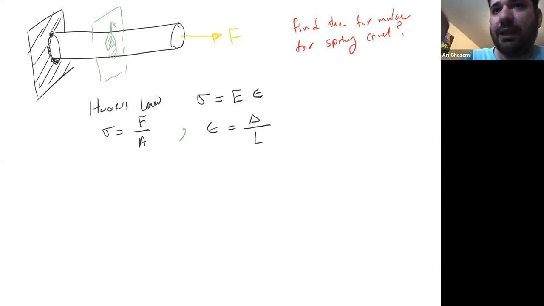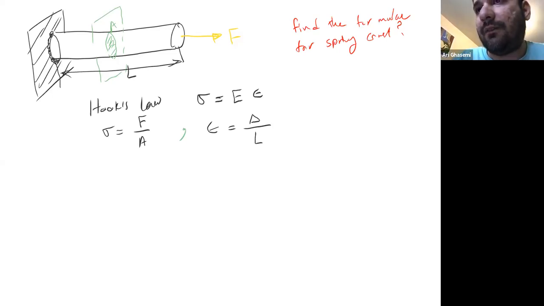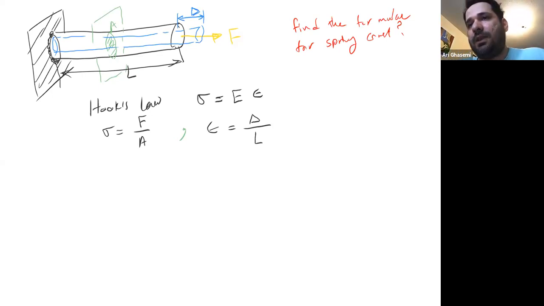Let's say this is the undeformed length, L, and after you apply this force, the bar will deform, with some exaggeration like that. And this is your actual deformation, delta, in meters. Now, this relative delta over L is called epsilon, or strain.